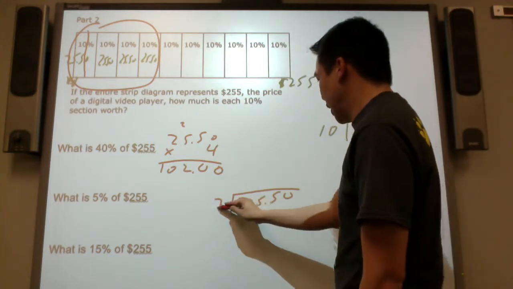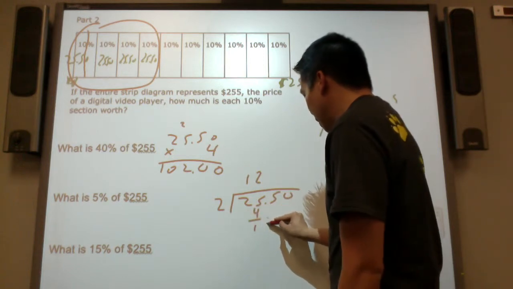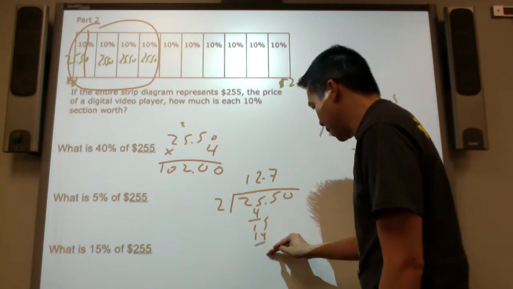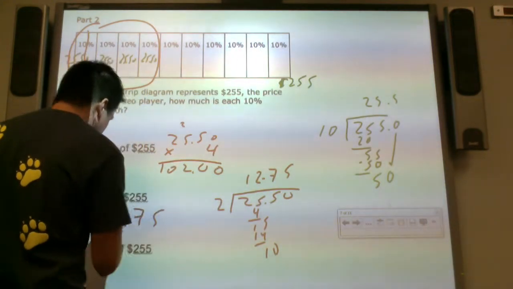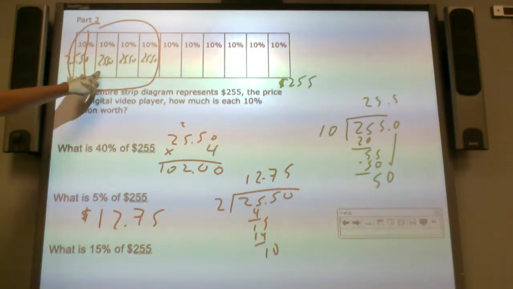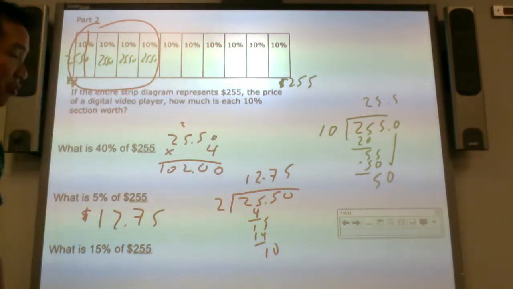Can 2 go into 1? Can 2 go in 5? 2 times. Don't forget the decimal point. Can 2 go in 15? 7 times. Can 2 go in 10? 5 times. So it's 12.75. Each 5% is $12.75, repeated until you have 20 groups of it, and eventually it'll be $255.